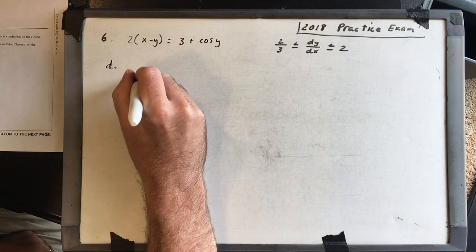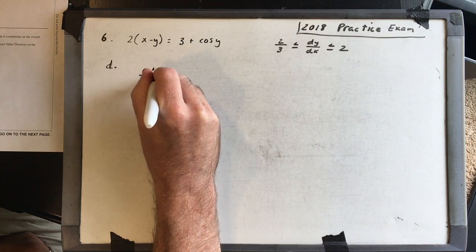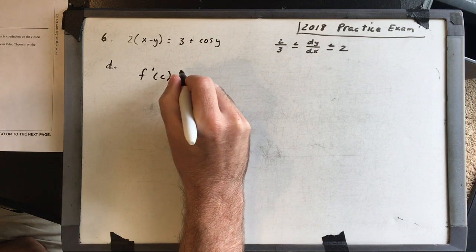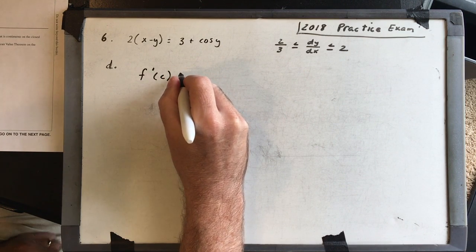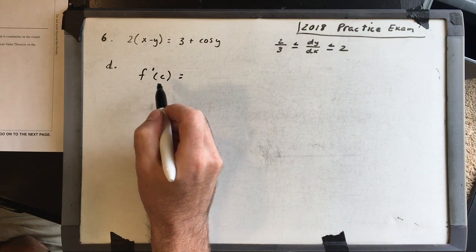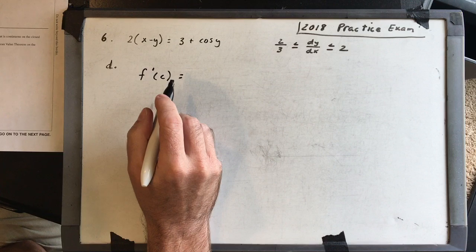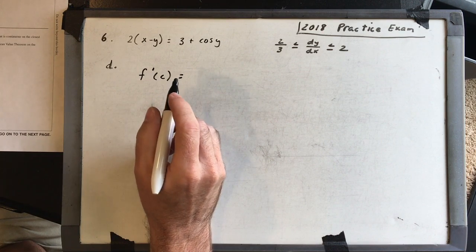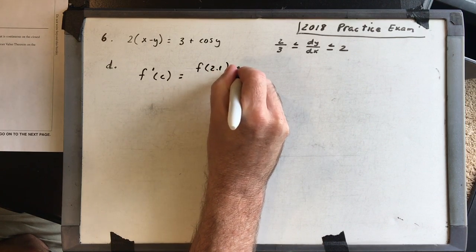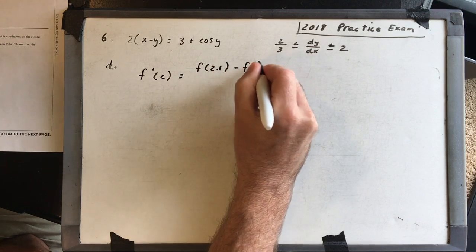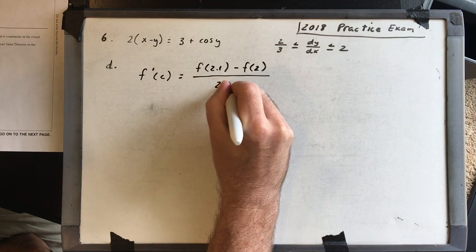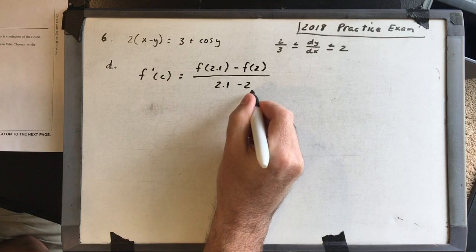So the mean value theorem states that the slope of the secant line is going to equal f prime of c somewhere at c. So the slope of the secant line is just f of 2.1, y2 minus y1, over 2.1 minus 2, x2 minus x1.